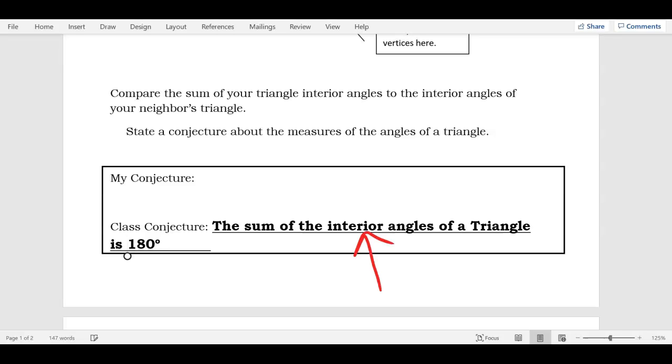So make sure you write that down right there. Once you've written that down, you can flip it over.